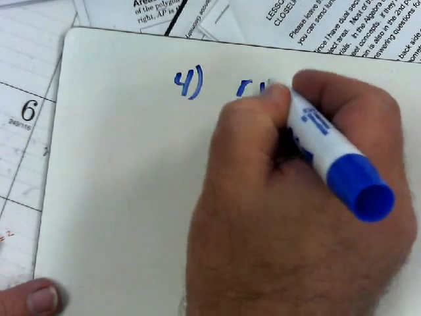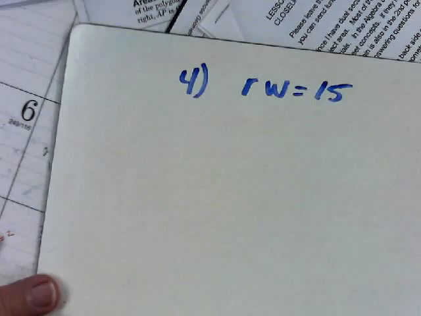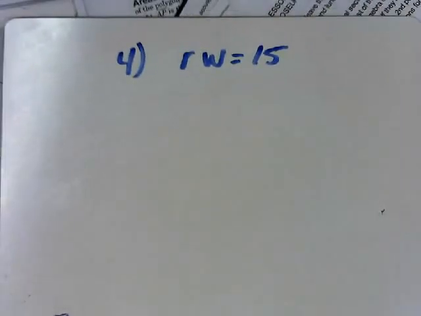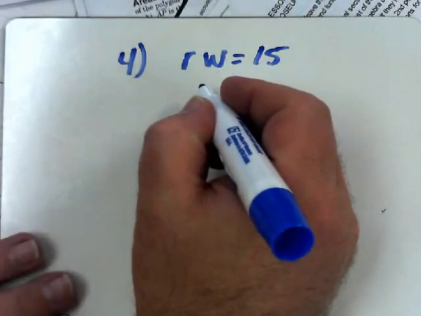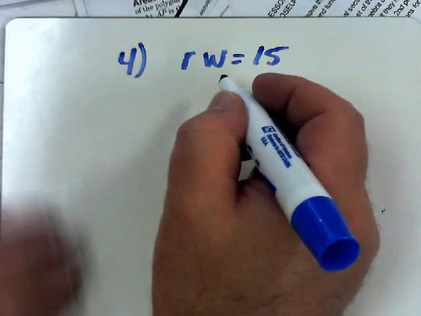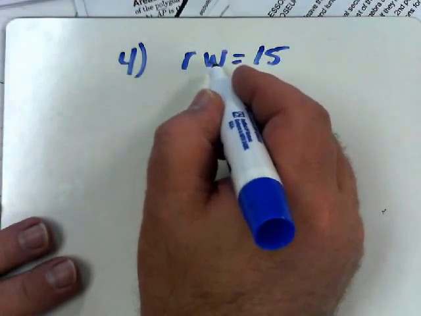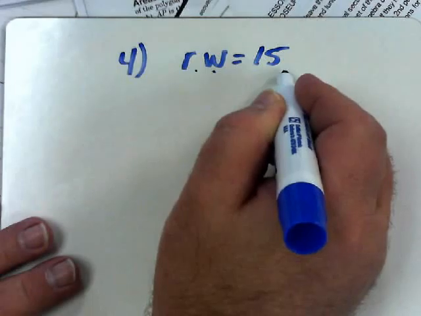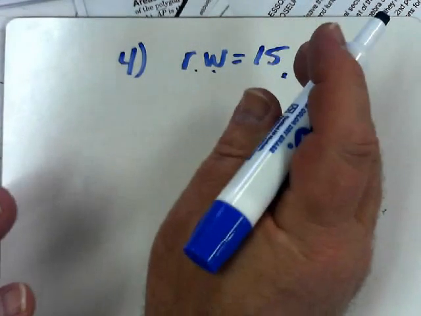So as I go on, number 4 is RW equals 15. Right now that doesn't follow any of those forms that I wrote down, but it compares 2 items, an R and a W. I need to move either the R or the W over to this side. I don't care which one you pick.